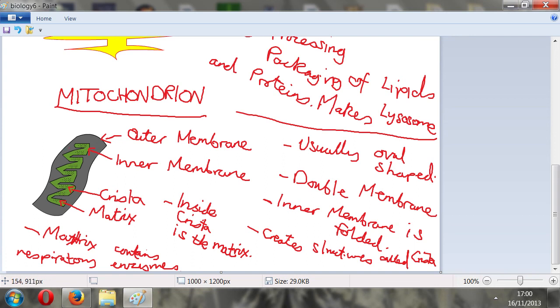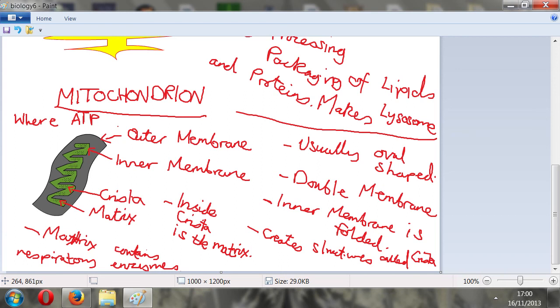The key thing about it is that it's where ATP, adenosine triphosphate, is made. I'll just put ATP. I'll write it out, but with the amount of space I've got at the moment, it's probably not the best thing.